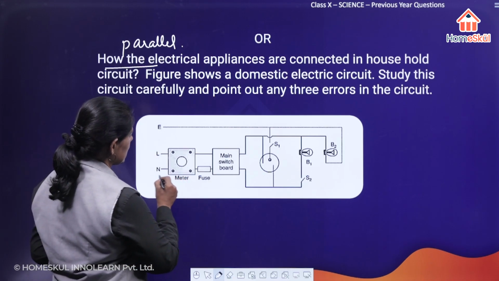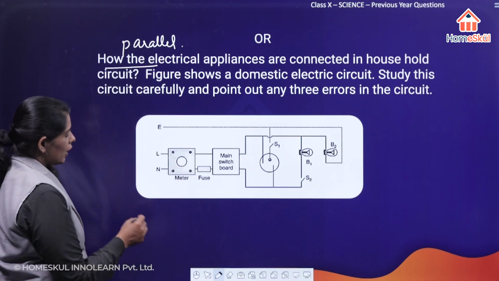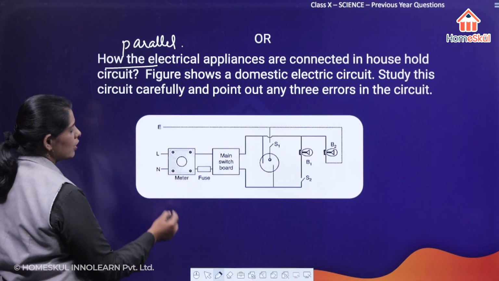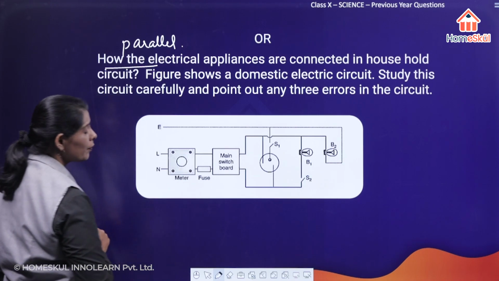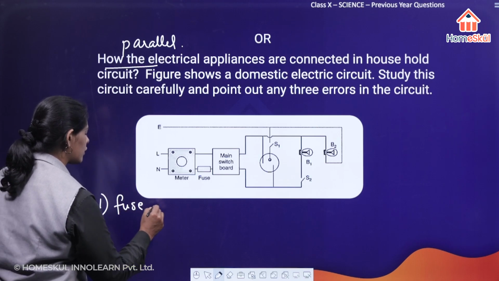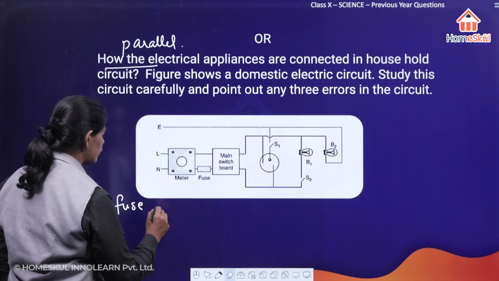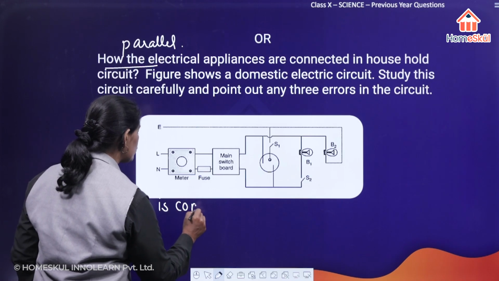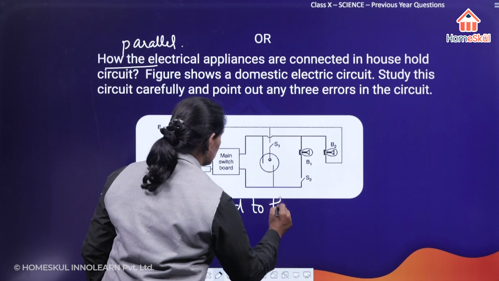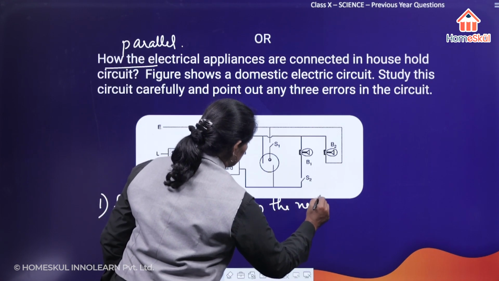So here you can see that the fuse is connected to the neutral wire, and that is wrong. Fuse should always be connected to the live wire. So the error is the fuse is connected to the neutral wire, which is not correct.